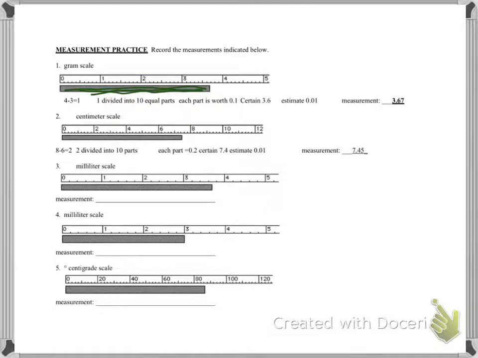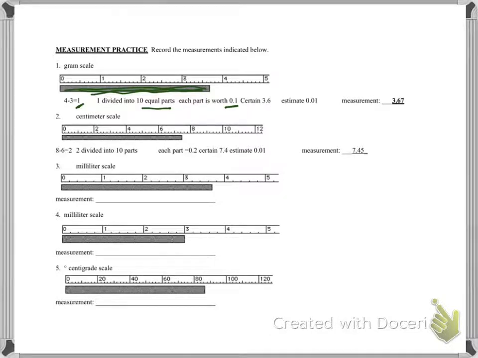So first thing, its length is between 3 and 4. So what you do, you take these numbers, 4 minus 3 equals 1, and then there are 10 lines in between. That means you're dividing this 1 into 10 equal parts. That means each part is worth 0.1.